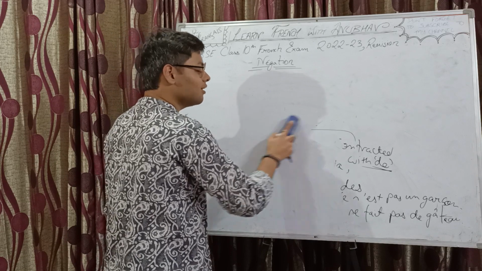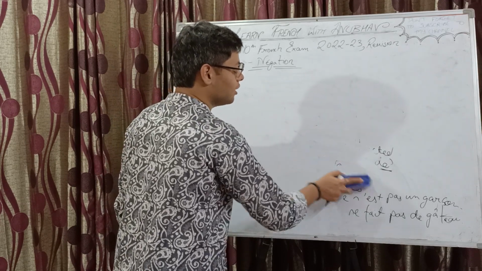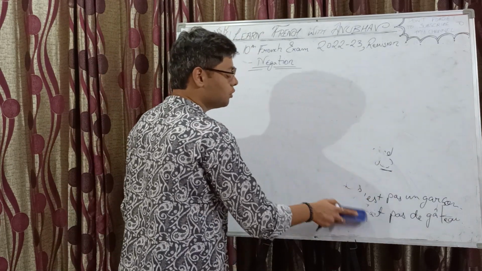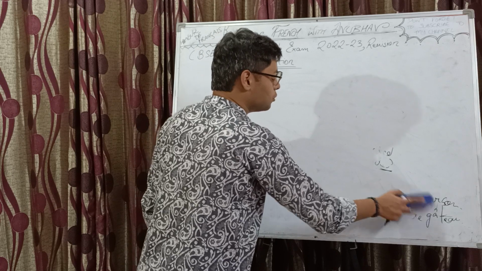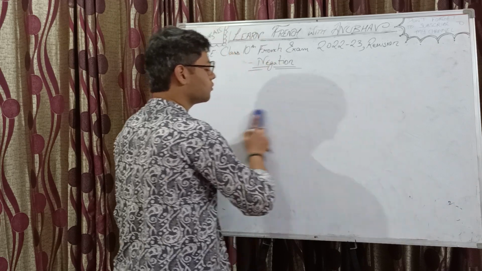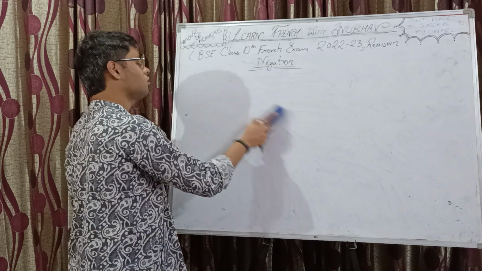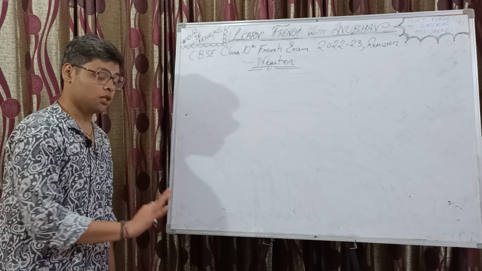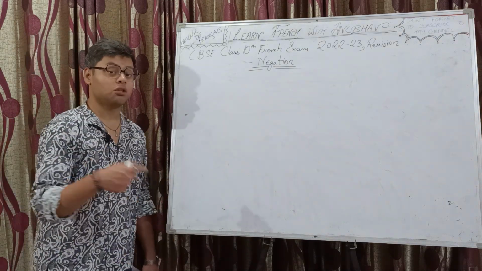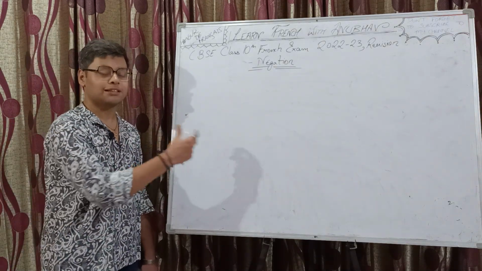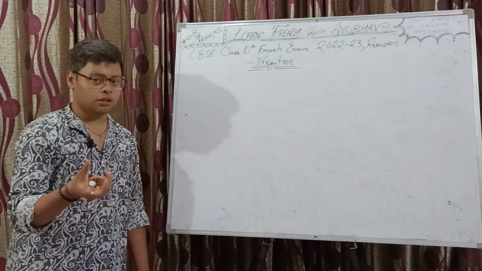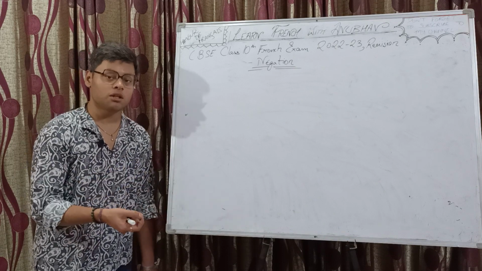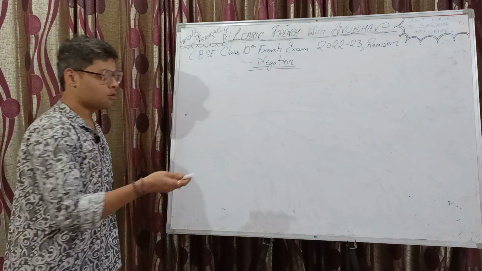They can either put du or de la with partitive articles or indefinite articles, or they can simply test to see whether the student knows about this rule or not. Wherever the article changes to de or d', make sure you do that. For example, du is changing to d', right? In case there's a vowel, then the ne in negation will change to n' if the verb begins with a vowel. So make sure that you are doing the required changes.